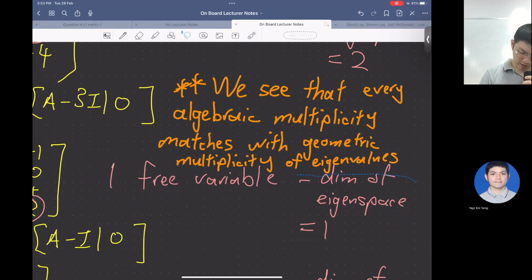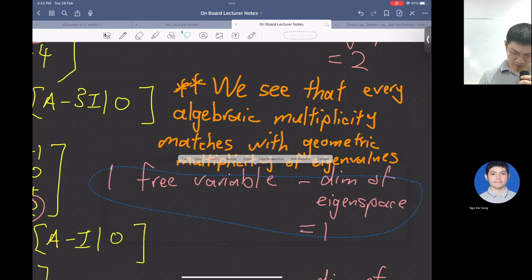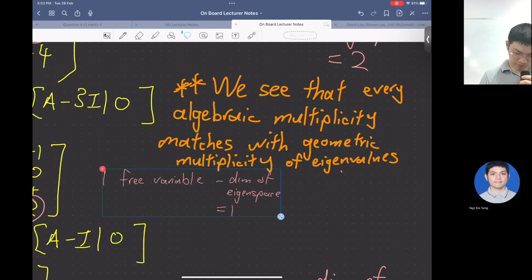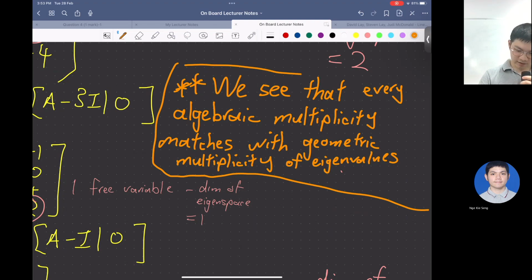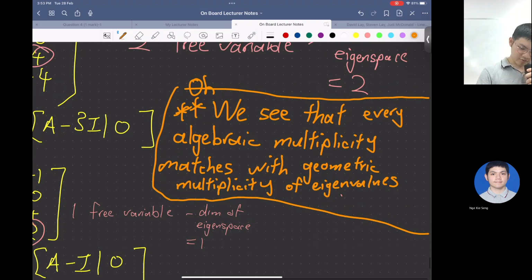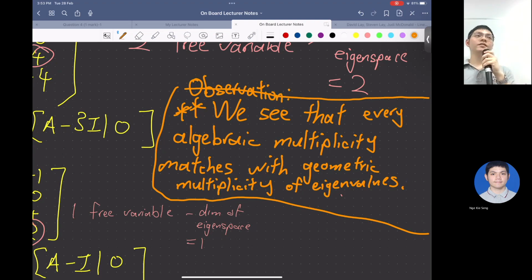Let me box this. But we will later see this thing happening again, so we can deduce something from this. For now this is just an observation that there are two numbers that are equal. Then later we'll see what this implies.